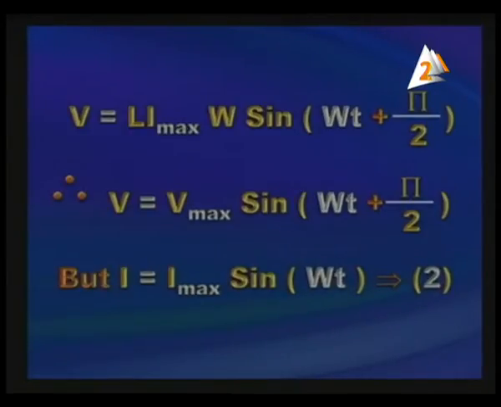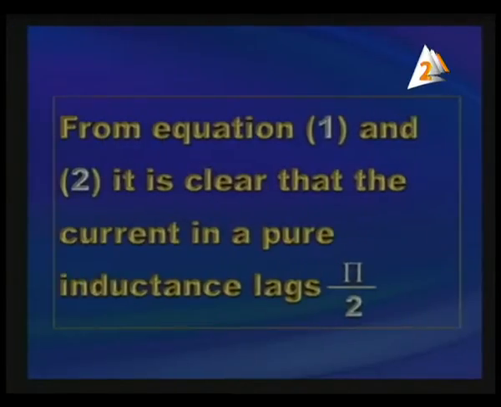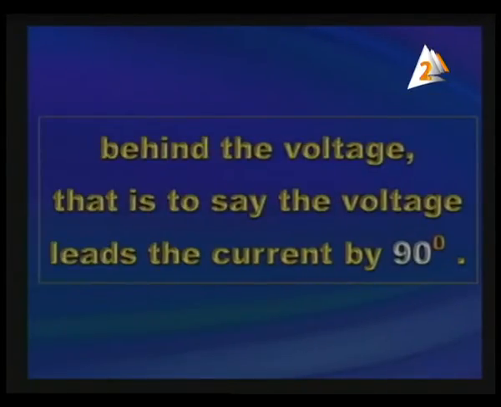But the current, instantaneous current, is equal to I maximum sine omega t. So if we compare the phase angles, we can say, yes, we can say that the current in a pure inductance lags pi over 2 behind the voltage. Okay, that's to say the voltage leads on the current by 90, pi over 2.